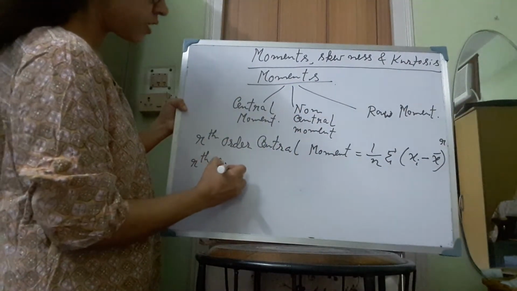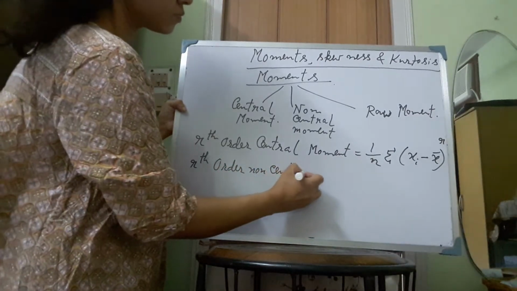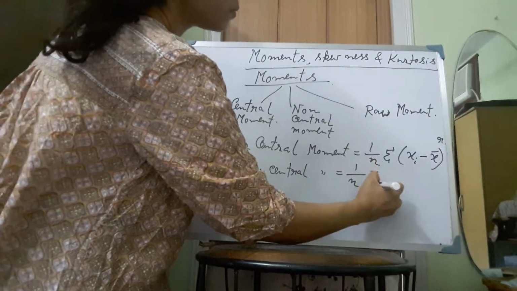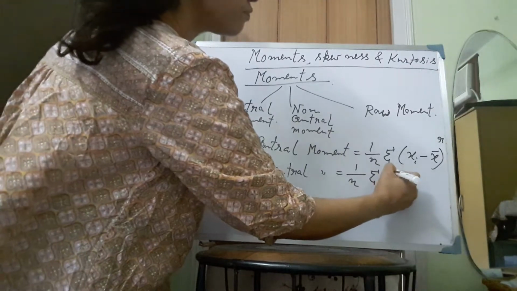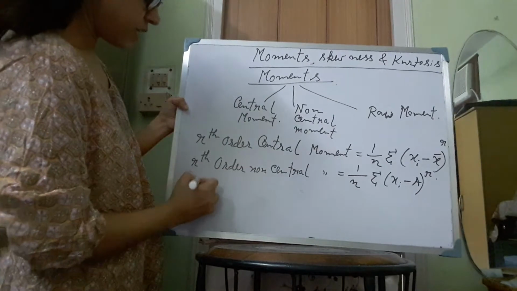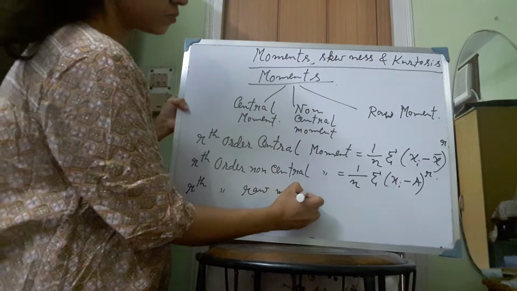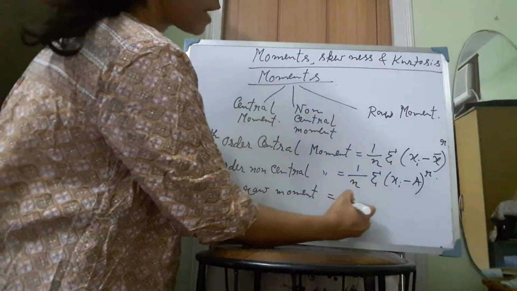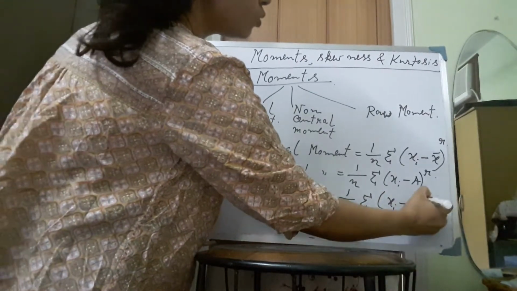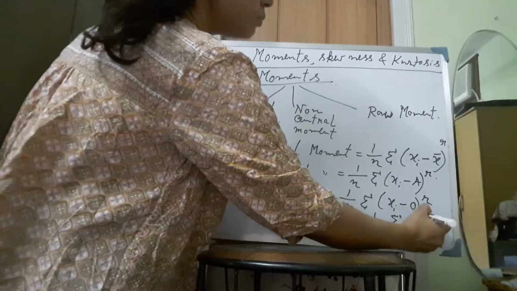Rth order non-central moment is defined by the formula 1 by n summation of xi minus a whole to the power r. And rth order raw moment takes the formula 1 by n summation of xi minus 0 whole to the power r, that is 1 by n summation of xi to the power r.